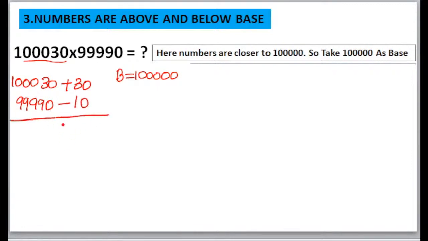So your answer, RHS will have -300. That is 30 into 10 is equal to 300, -300. And your base has 5 zeros. So you need to add 00 behind 300.